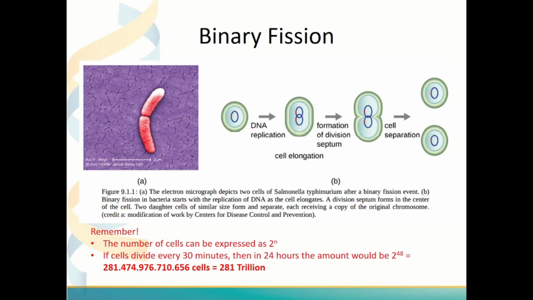So let's imagine the bacterial cells divide every 20 or 30 minutes. Let's say 30 minutes. Then in 24 hours, the amount of bacteria would be 2 power 48, right? Because 1 hour is 60 minutes and they divide every 30 minutes, so after 24 hours we multiply 24 by 2, which means 2 power 48. The amount of bacteria would be approximately 281 trillion.